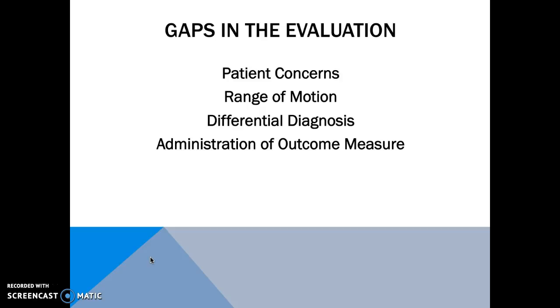Another thing is I sometimes skip over range of motion. I go straight to the manual muscle test, but that doesn't always show me whether they can reach their hands all the way up 180 degrees, or fully flex their knee. Yes, I can test their muscle strength, but are there any blocks in that?